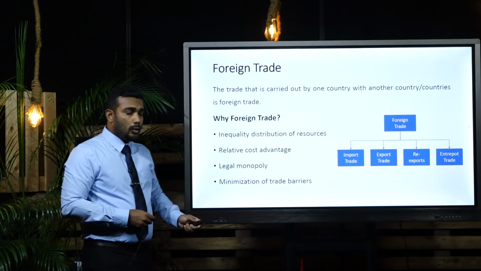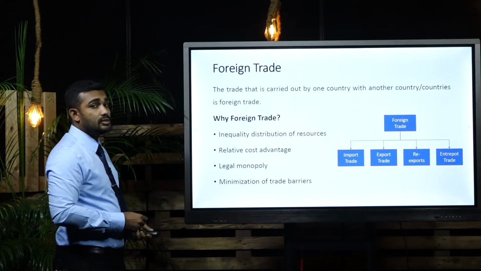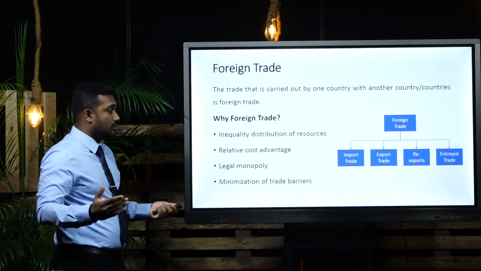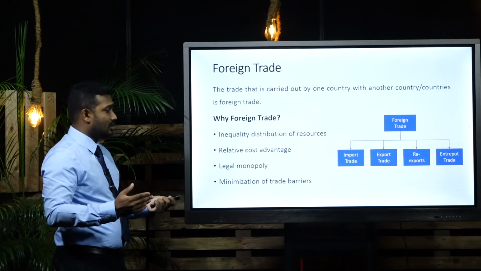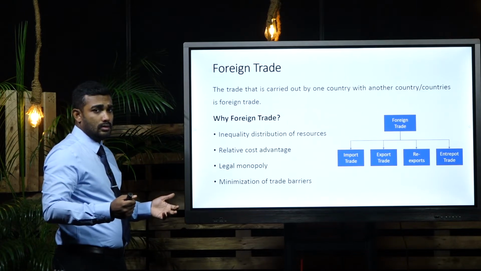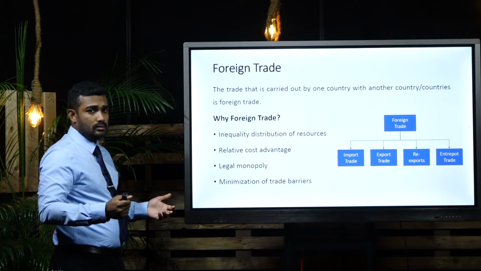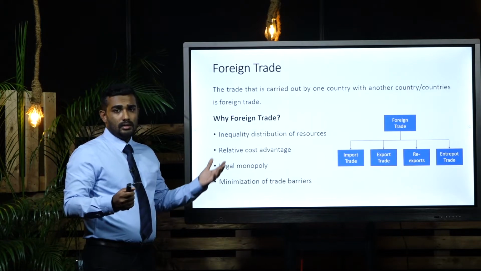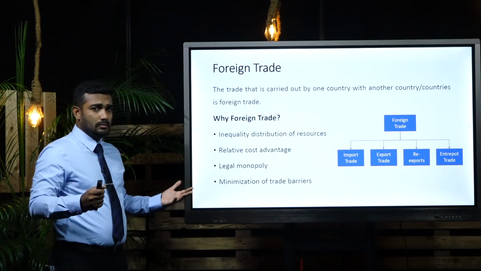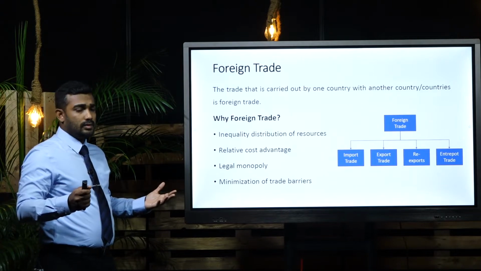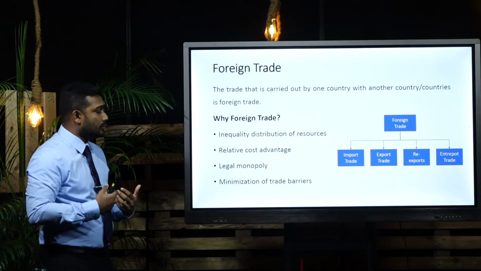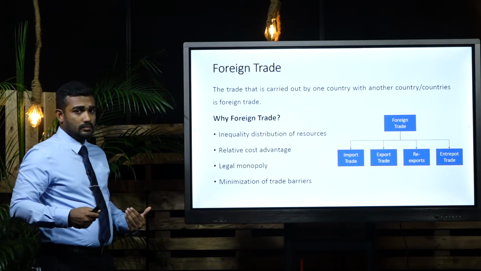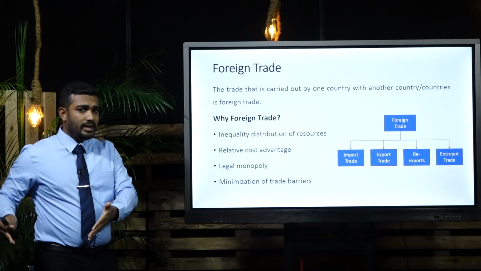First one, inequality in the distribution of resources, especially natural resources. You know that when it comes to natural resources, they are not equally distributed. Example, crude oil. The Middle East countries, they are having a lot of crude oil. They have plenty. So we have to depend on them to get the crude oil, because we don't have them in here. Even though they have been found, they have not been extracted.